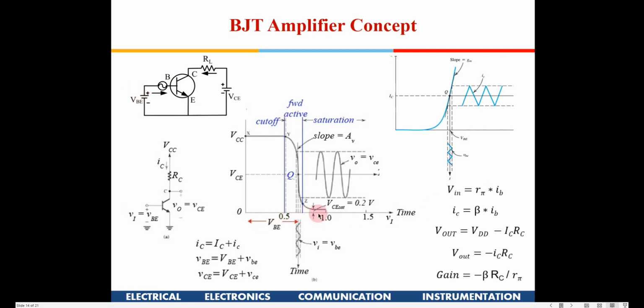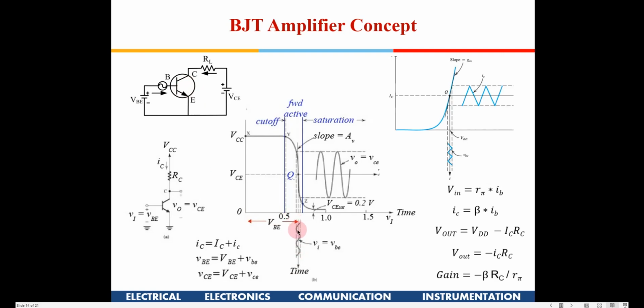So here if you see VBE here, right? So 0.7 is the minimum. So that is known as the biasing voltage. Okay. So we bias the transistor here, and after biasing there we give a small AC signal. Okay. This is in a few millivolts. So this transistor remains on.